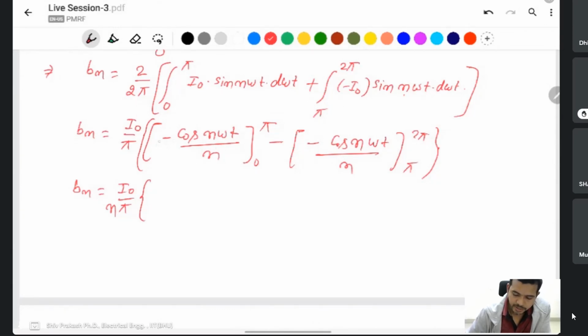If there is a negative sign in front of an integral, first put the lower limit and then the upper limit, then it is correct. If it is positive, first put the higher upper value and then the 0. cos 0 is 1, and minus cos(nωt) at π means cos nπ.